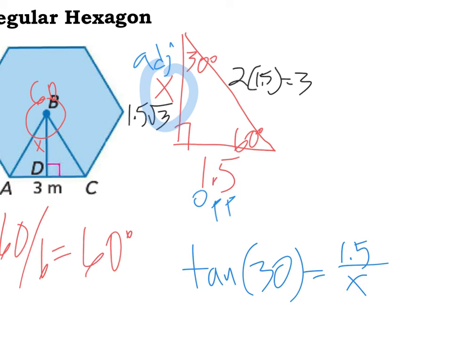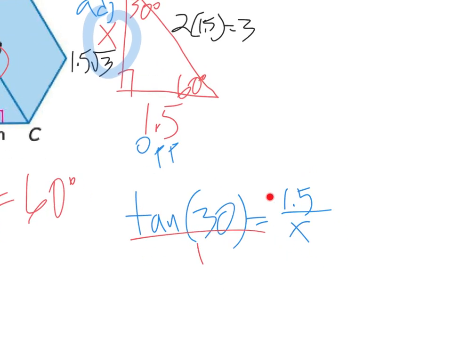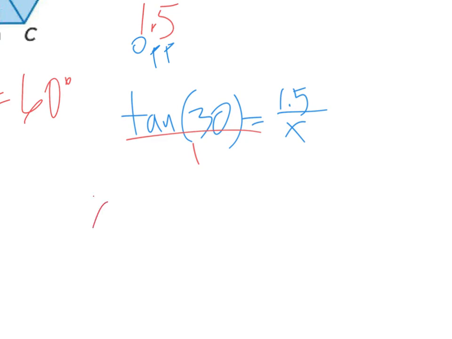And so if you have x on the bottom, then this is where it makes more sense to throw this over 1, because if you were to cross multiply, you do 1.5 times 1, that's 1.5, divided by tangent of 30, and that's what x would equal. So long story short, if x is on the bottom of the fraction, you're going to say x equals 1.5 divided by tangent of 30. And so that's what x equals.